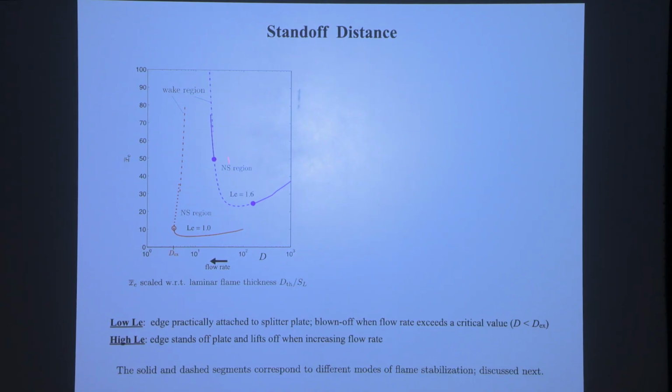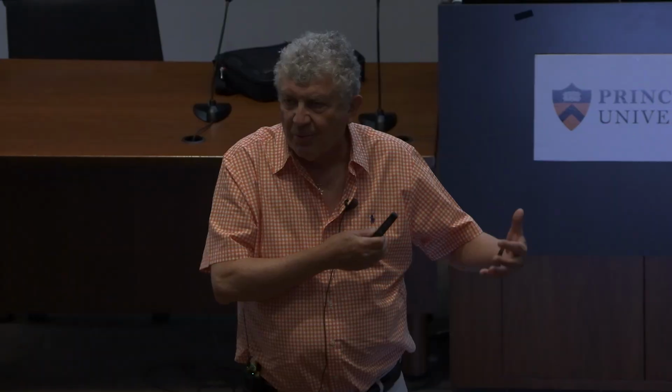Now, first let me explain what these are. Those are not the same as this. Those are dashed segments. This is dotted-dashed. The dotted-dashed is when the flame is in the wake. In other words, we do the calculation, instead of using the Navier-Stokes solution, using the Goldstein solution, which of course simplifies the computation because the flow speed is known almost analytically.